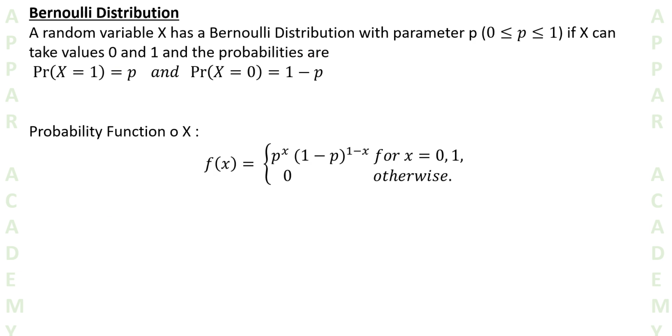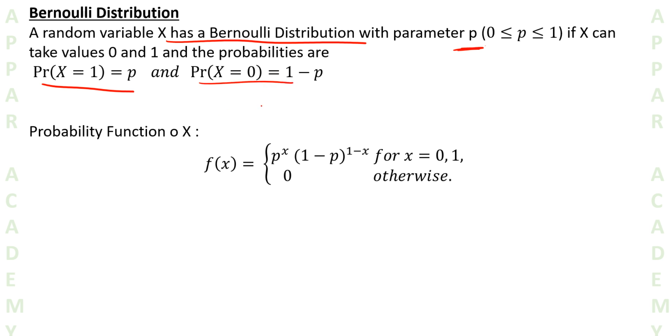Right? So what can we say? We are simply saying a Bernoulli distribution. What is it? A random variable x has a Bernoulli distribution with parameter p, such that p lies between 0 and 1, if x takes the values 0 and 1 and the probabilities are: probability of x is equal to 1 is equal to p, and probability of x is equal to 0 is equal to 1 minus p.